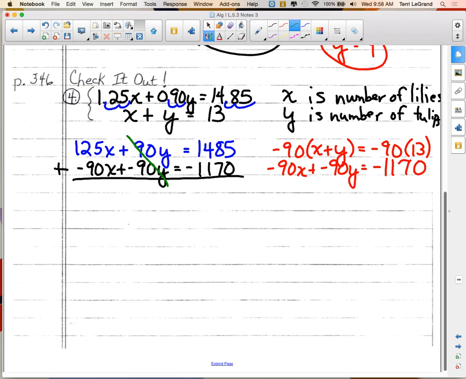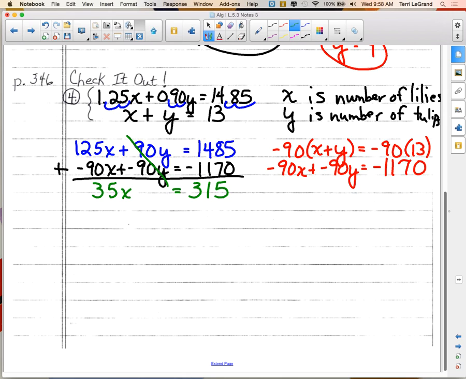It's really 125, take away 90. What is that? 35. This is really 1,485, take away 1,170. Well, 70 from 85, first of all, is 15, and 100 from 400 is 300. So we have 315.